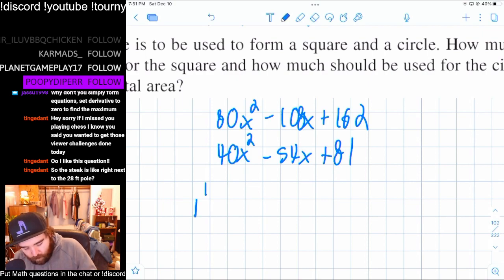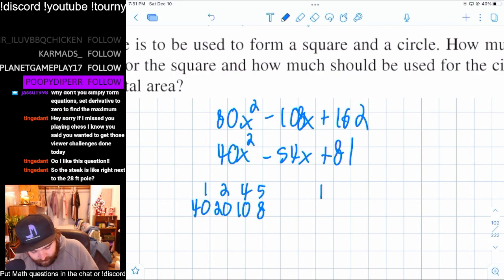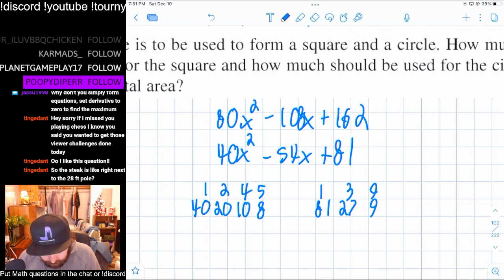I can go back to the Wong method. 40, 20, 4, 10, 5, 8, and 81, 27, and 9, 9. And they have to add to get 54. So you do it across.